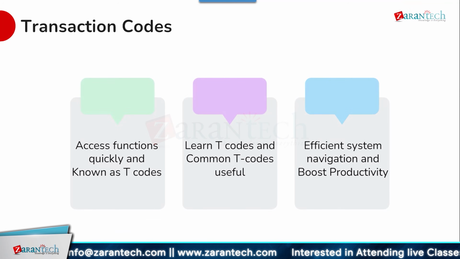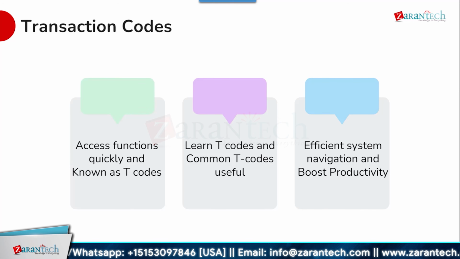The next one is transaction codes, often referred to as T codes, which are an essential part of working with SAP. These T codes are shortcuts that allow you to jump directly to any specific SAP function. These codes always start with a slash followed by a combination of letters and numbers.